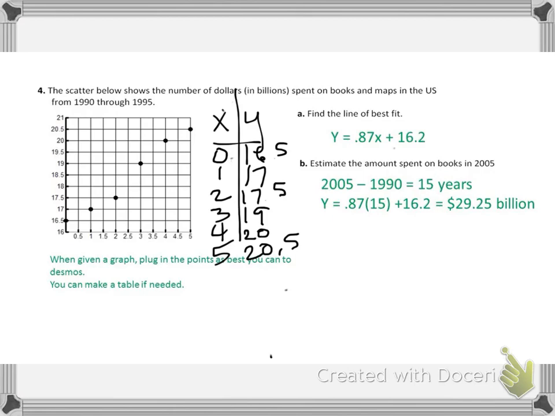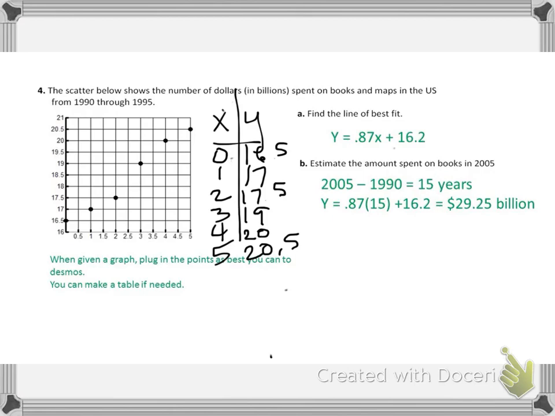Once you have that written down, then you can put it in Desmos. If you have points on a graph and you need to find the line of best fit, you can make a table and put the table in Desmos. It'll make it a whole lot easier.